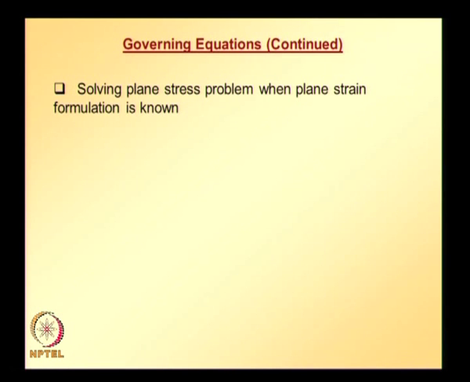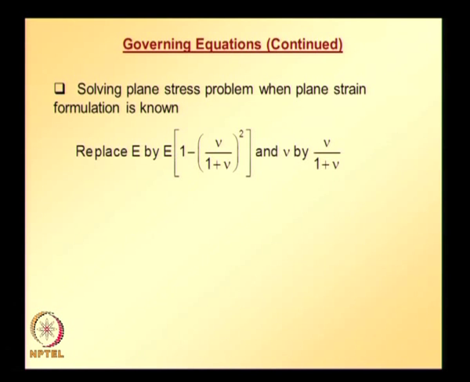So, to solve a plane stress problem when the plane strain formulation is known, you apply this small trick: wherever E is there, replace Young's modulus E with E times, in square brackets, 1 minus nu over 1 plus nu, squared. Similarly, Poisson's ratio nu needs to be replaced by nu divided by 1 plus nu.